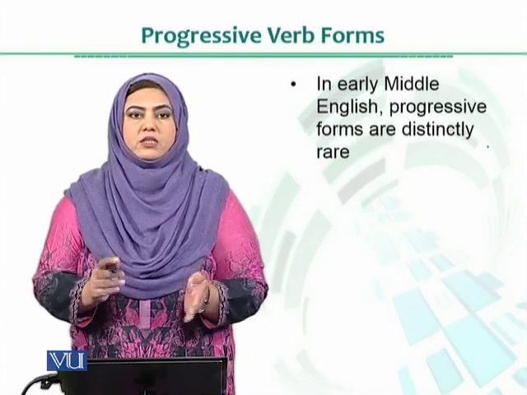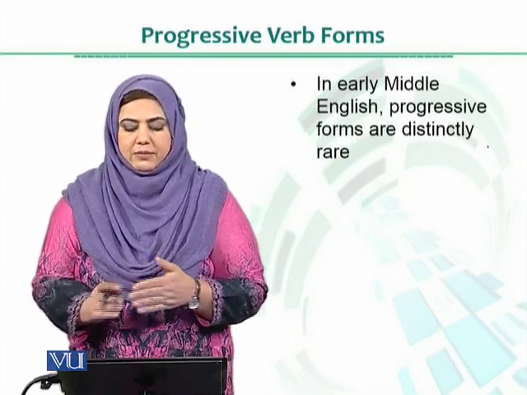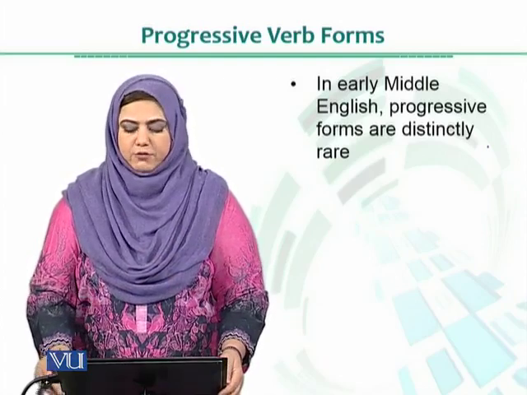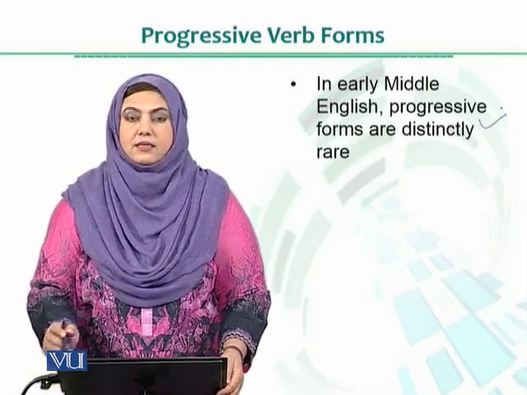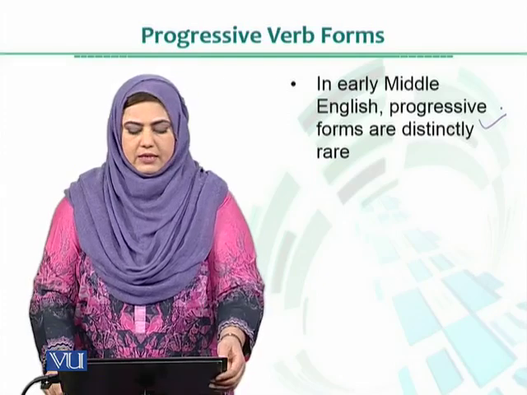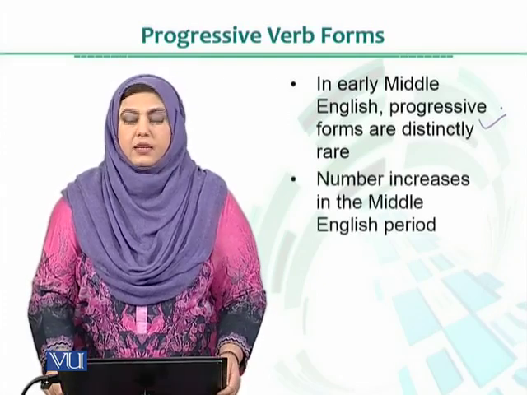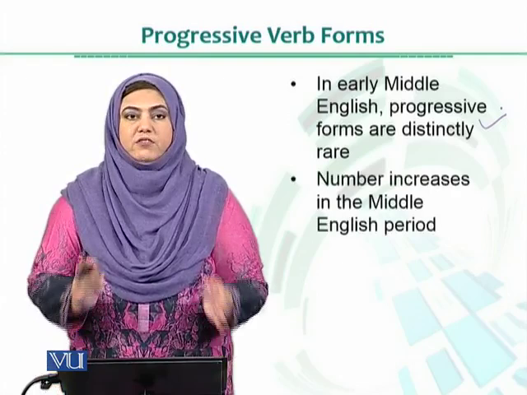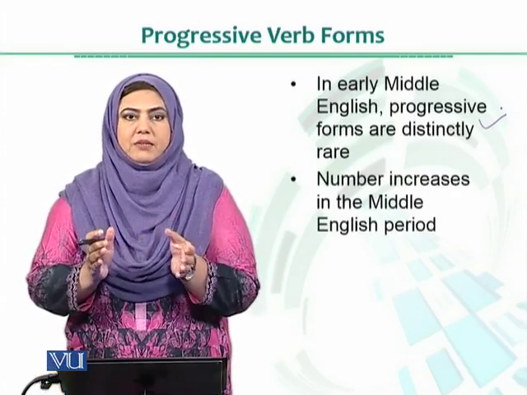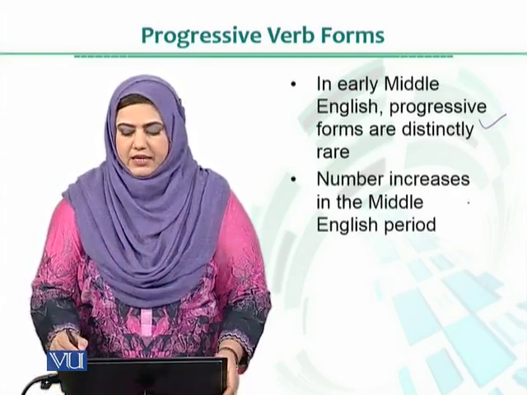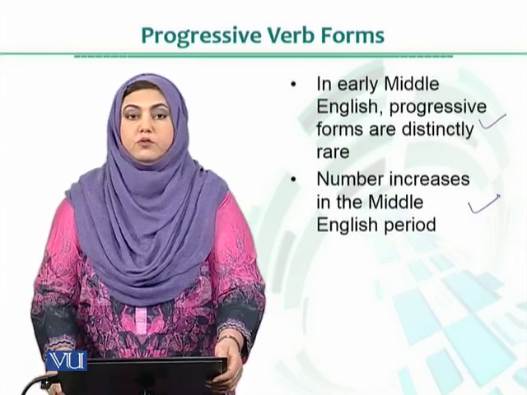Moving from Old English towards early Middle English, progressive forms are distinctly rare. They are available, but they are rare. The number increases as we move in time from the early Middle period to the Middle Ages. We see that the number of uses increases.